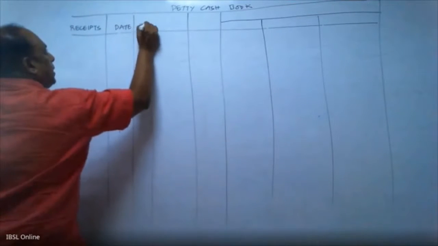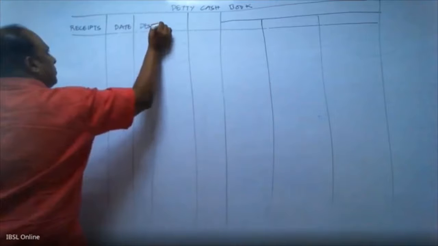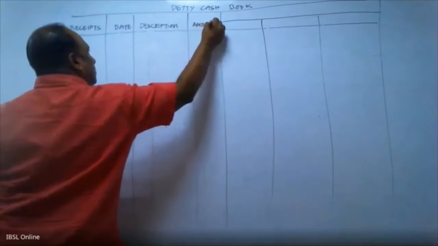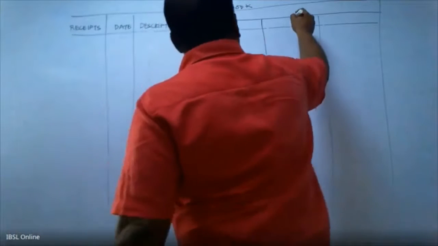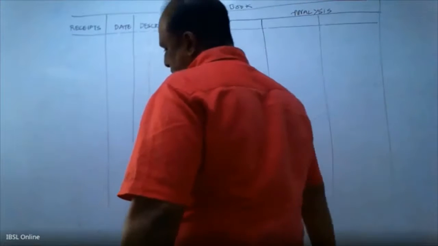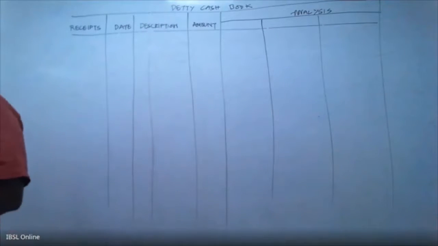Then description, amount, right? And these are known as the analysis columns.